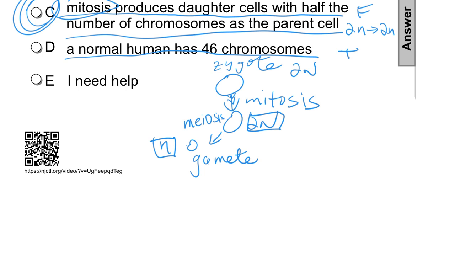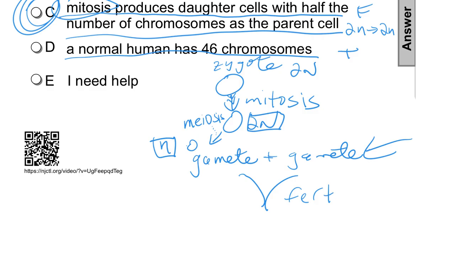So that's happening right here. If you have sex with the opposite sex, a gamete plus another gamete from another person will do fertilization. That's a process we call fertilization, where N plus N forms 2N.